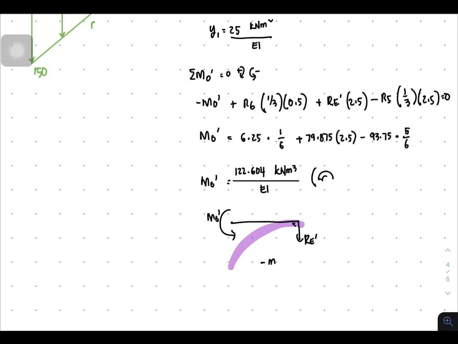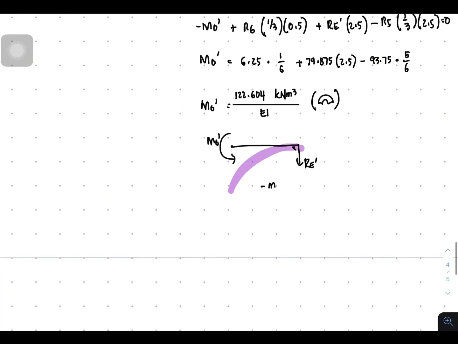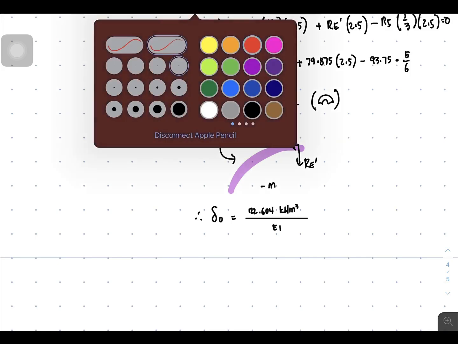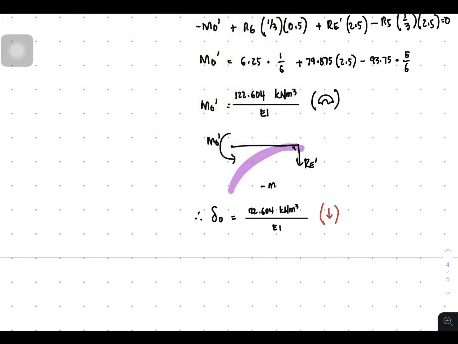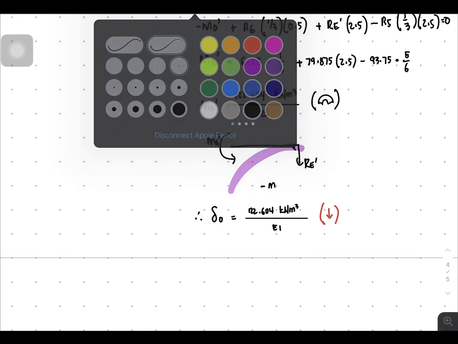So if that is a negative moment, what it means is that the deflection at point O in the real beam is equal to 122.604 kilonewtons cubic meter over EI, but it is downward.